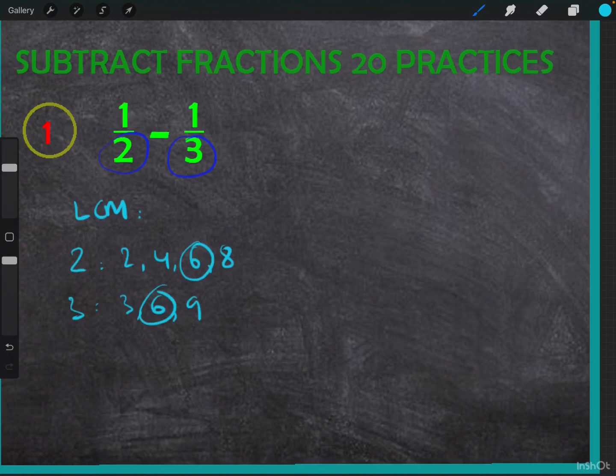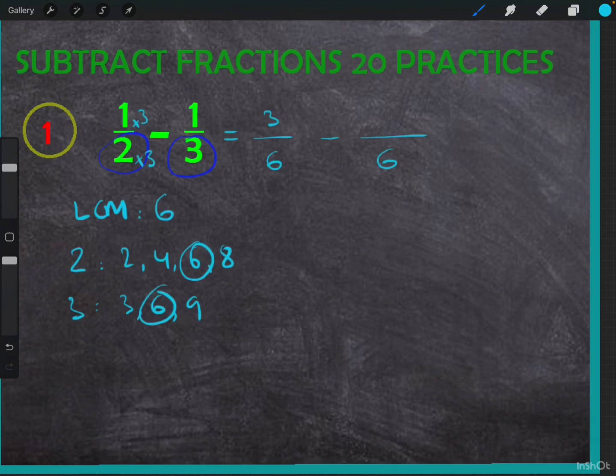The LCM is 6. From there, we will convert the two original fractions into two new fractions with the same denominator, which is 6, the LCM. To get 6 from 2, we need to times 3, and we need to times 3 to the numerator also. So we got 3 over 6, the new fraction equal to 1 over 2.